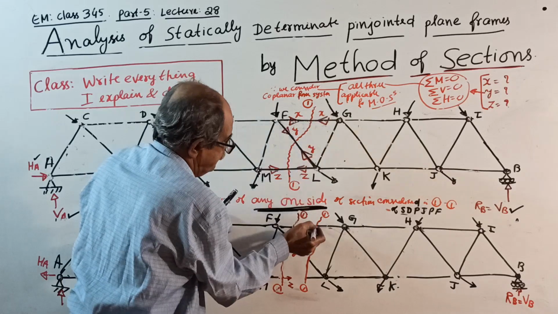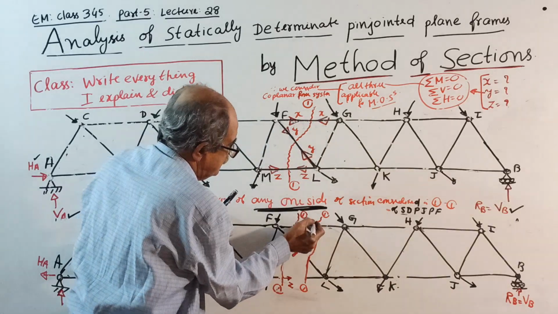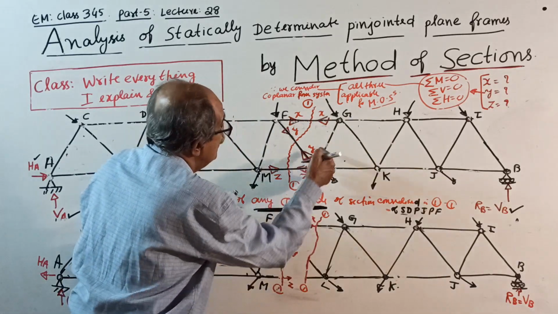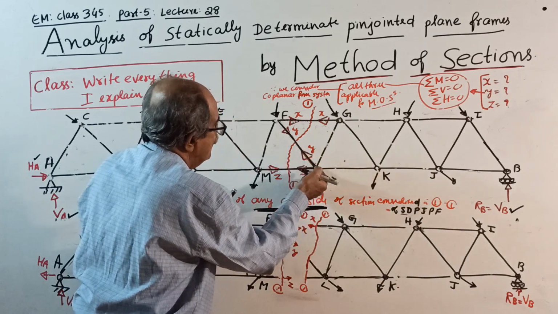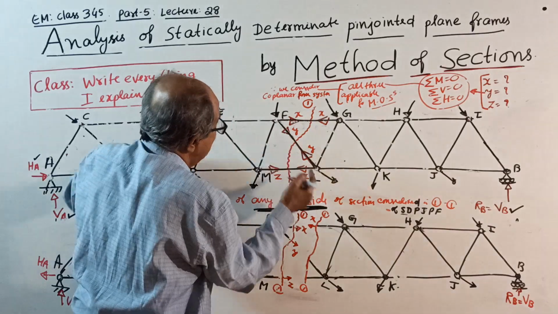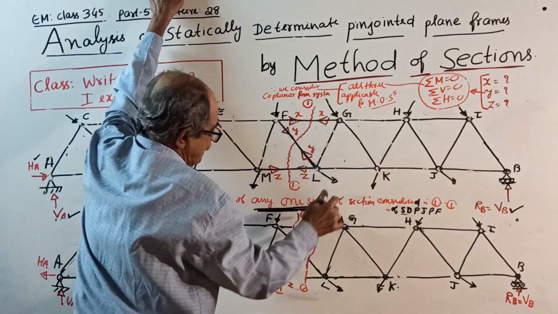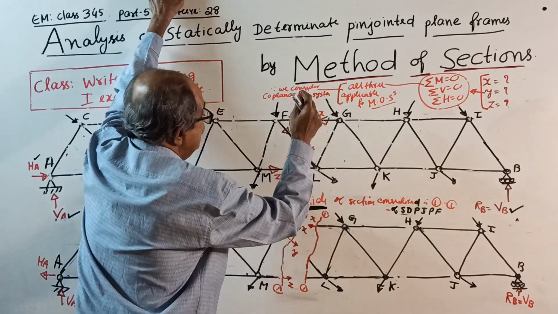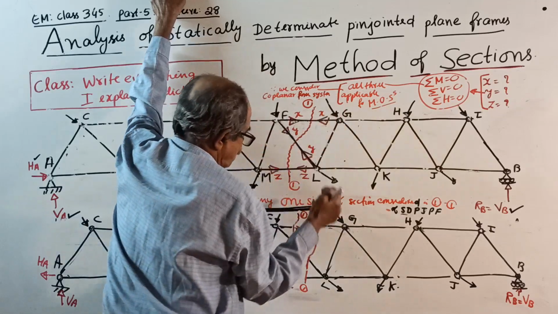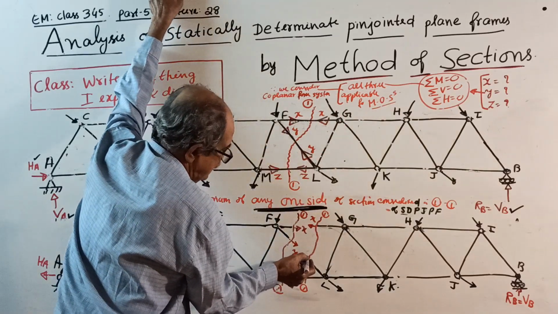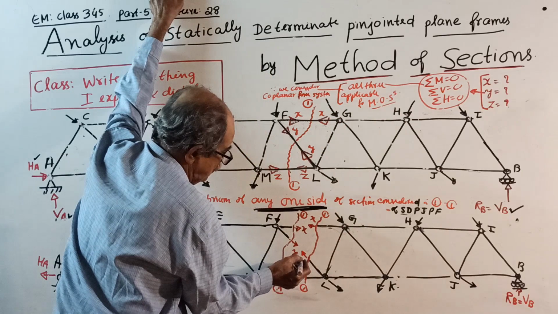Here, X. This one, see, you are considering what? Equilibrium to what? Right side means, see, if you are on the right side, you have to take this force going away, then this force. This all I will explain next time for you.